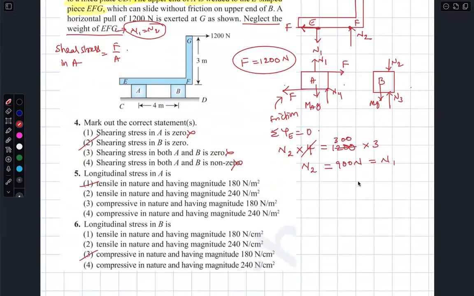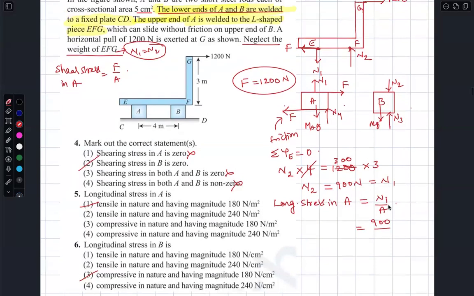Longitudinal stress in A. What is longitudinal stress in A? Obviously, longitudinal stress in A is nothing but N1 by A. Longitudinal stress in A is equal to N1 by cross-sectional area. I know what is N1, which is 900.